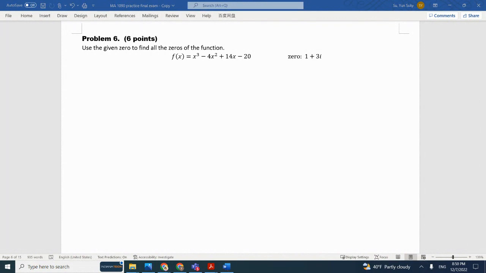And then, because all the complex zeros are complex conjugates, that means if 1 plus 3i is a root, then the conjugate of it. Conjugate means they have the same real parts, but the imaginary parts differ by a sign, right? So this is also a root.